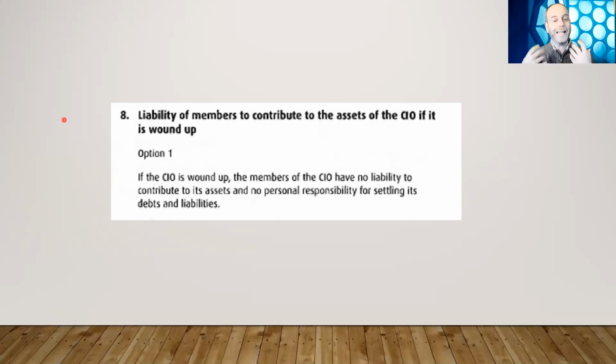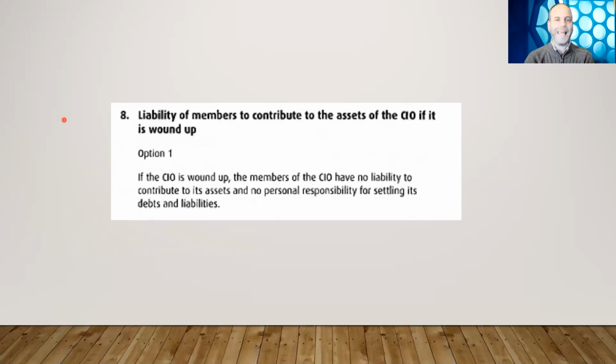It falls over, and in the winding up of it, there are some outstanding bills and debts to be paid. Who picks those up? Well, the good news is a charitable incorporated organization is an incorporated entity, and that means that your liability as trustees is limited. And in the Constitution as it currently stands, that liability amounts to a big zero.